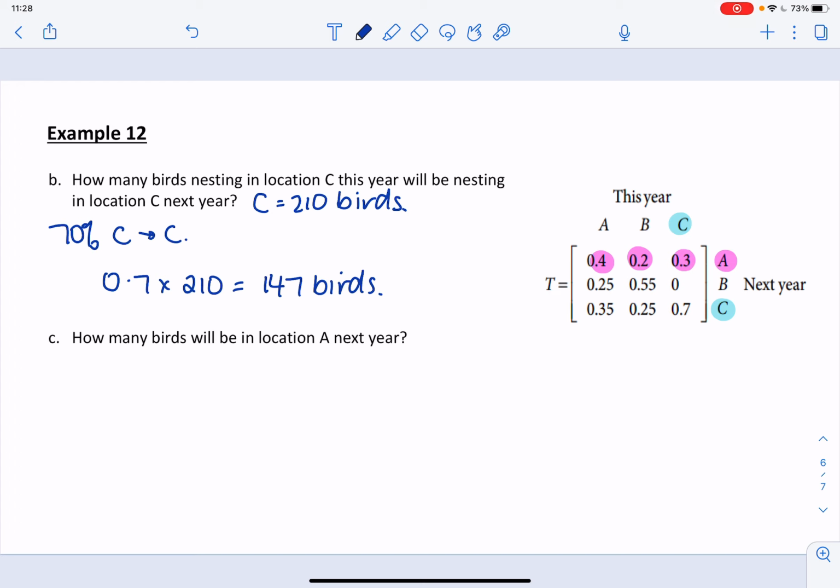So we'll start off with A through to A. 40%, so 0.4, and there are 400 birds. So 0.4 times 400 should be 160.